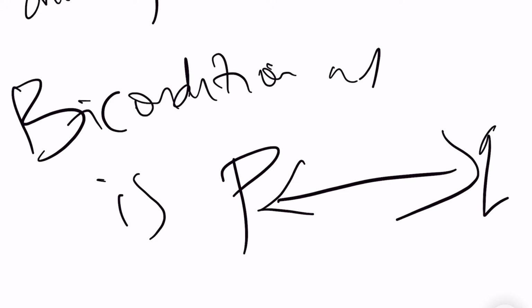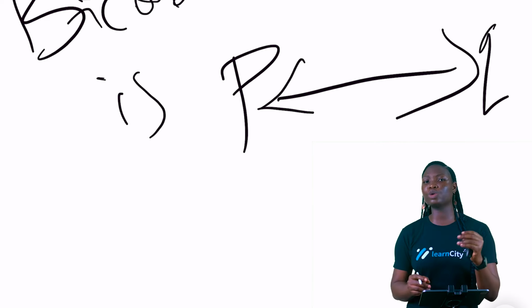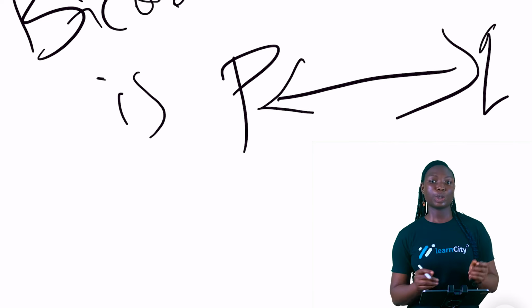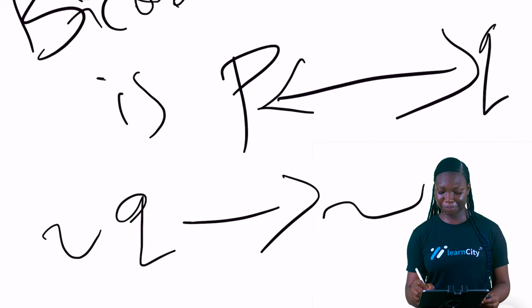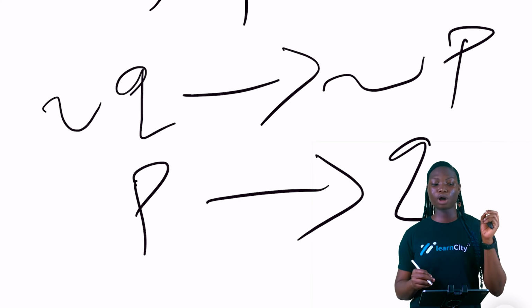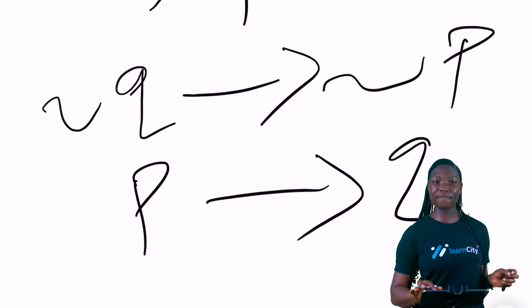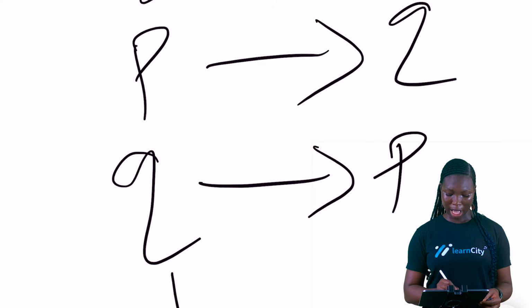The contrapositive of a conditional statement P to Q is negative Q to negative P. The contrapositive is saying that when we have negative Q to negative P, it is equivalent to the conditional P to Q. And for the converse of the statement, the converse will tell you Q to P, when the original is P to Q.